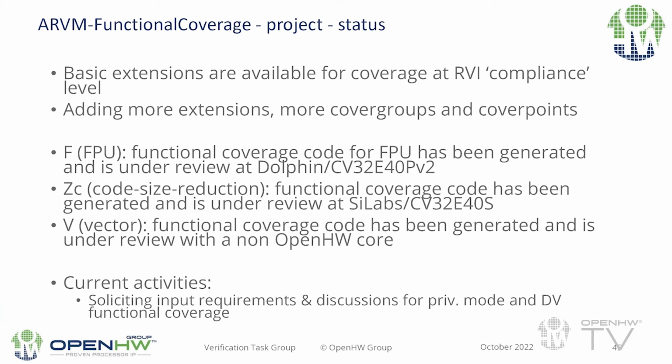And also in the 40S, it has the new Zc extension, which is just being ratified at the moment in RISC-V, which is more compact code generation. There's code size reduction in there. And so we're just generating that. And externally from OpenHW, we have a vector functional coverage being generated that's under review outside.